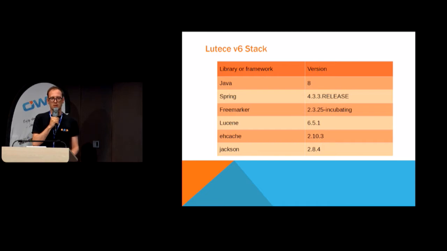All other libraries and dependencies were upgraded. So, for example, for inversion of control, we use Spring, and we've upgraded to the latest version. FreeMarker template engine, Lucene for search, EHCache, and Jackson for you know what they're for.